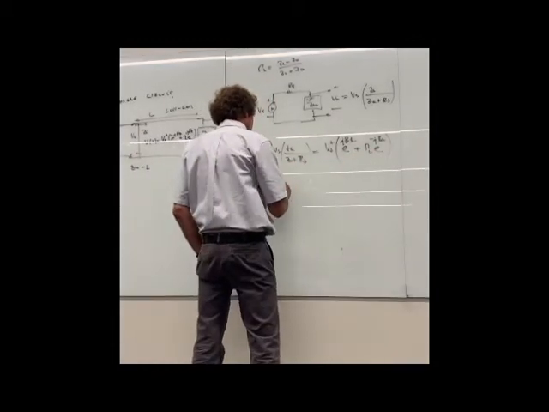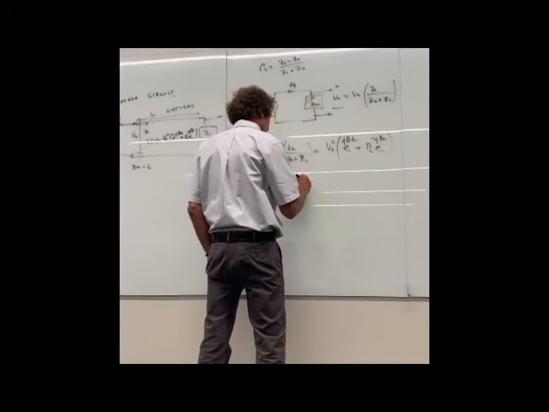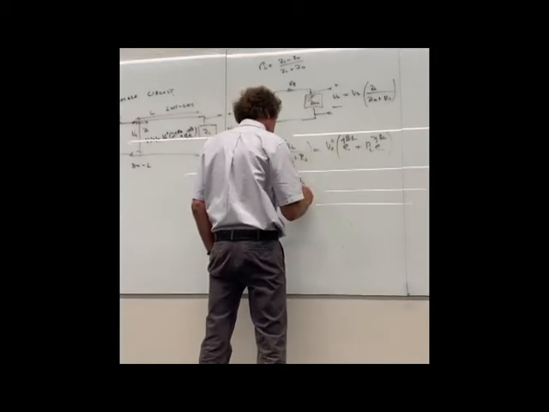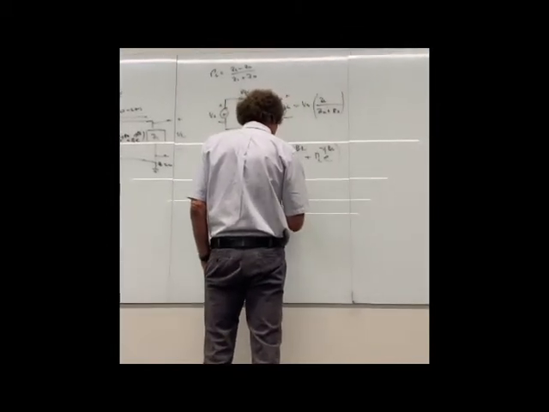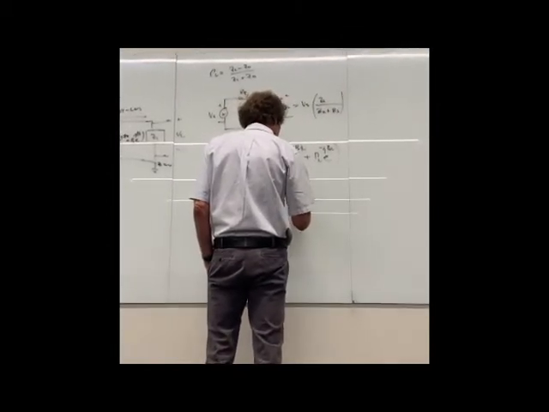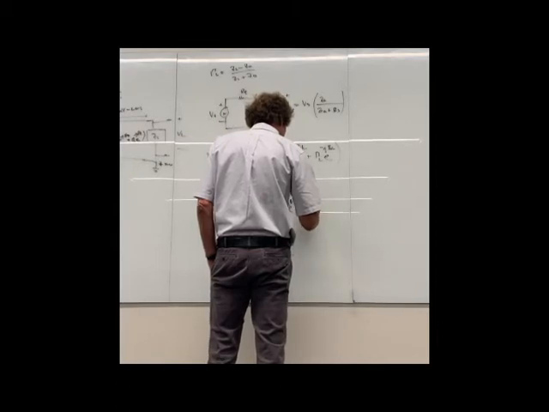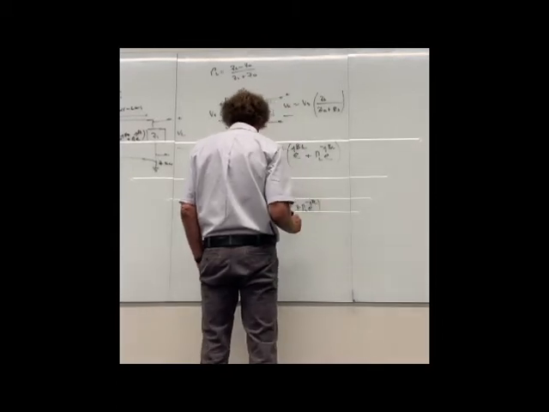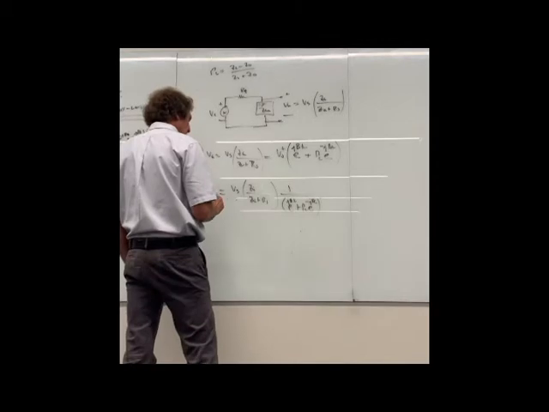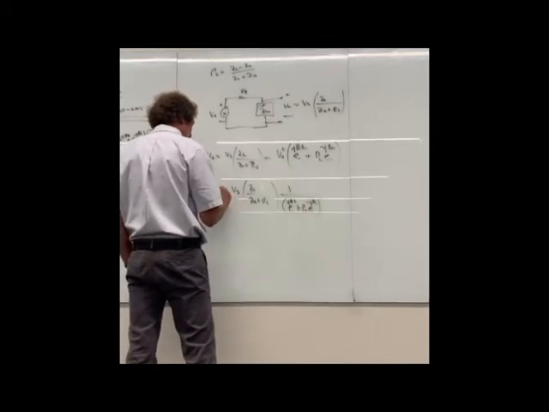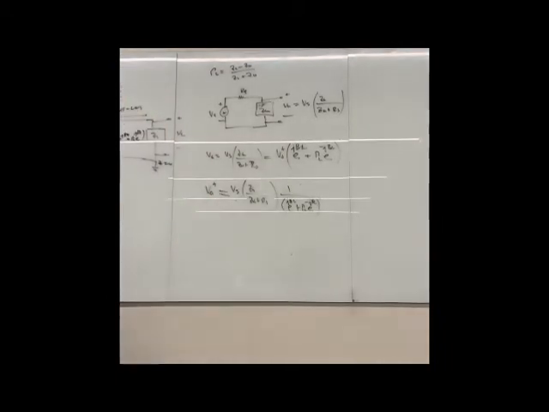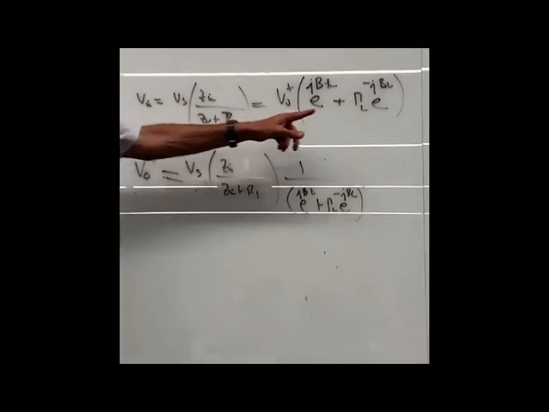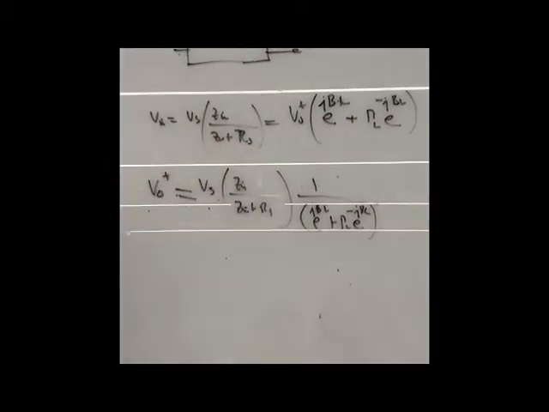So if I take Vs times Zn over Zn plus Rs and divide it by e to the j beta L plus reflection coefficient times e to the minus j beta L, now I have my V0 plus. Y'all agree with me there, class? I simply took this and divided it into this. Agree?